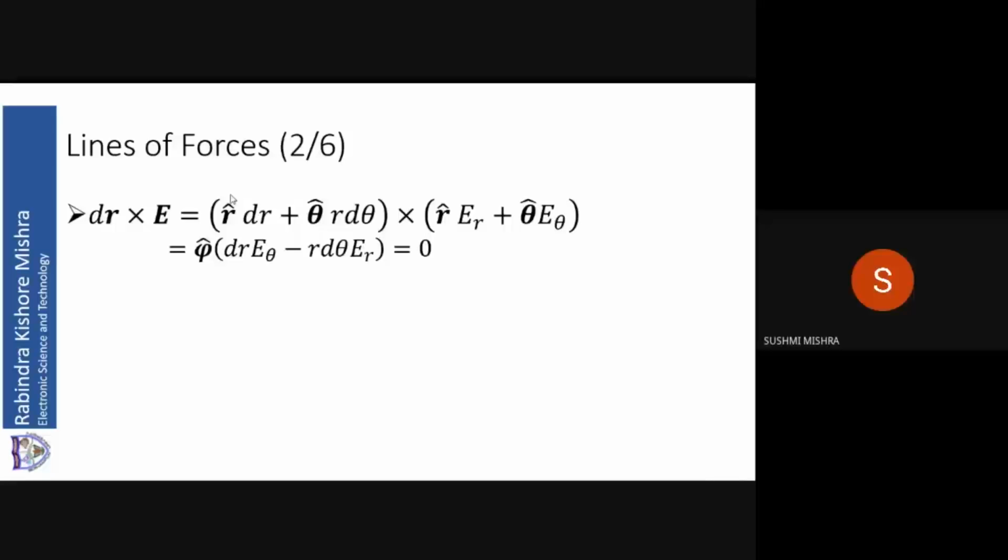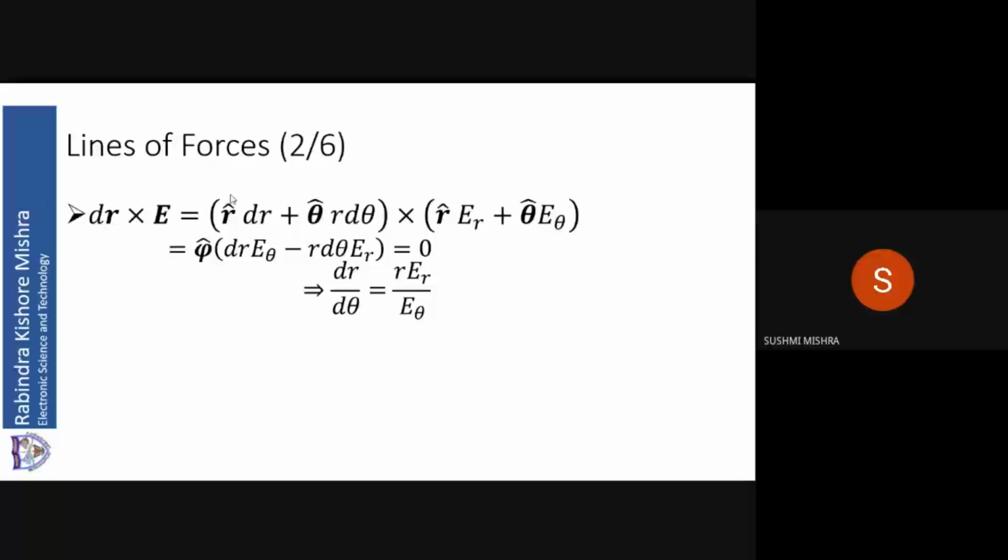Now what will that be? I know dr cross E is equal to 0, so for that I put 0 on the right-hand side. Phi cap is not equal to 0, so from this equation what will I get? dr upon r d theta is equal to Er upon E theta.